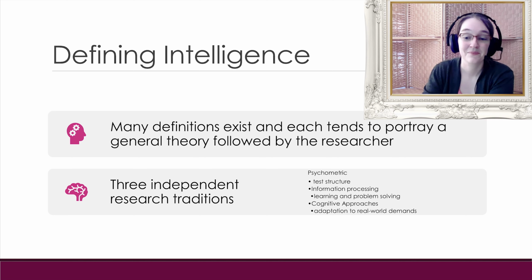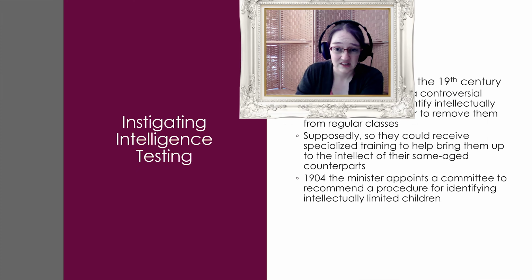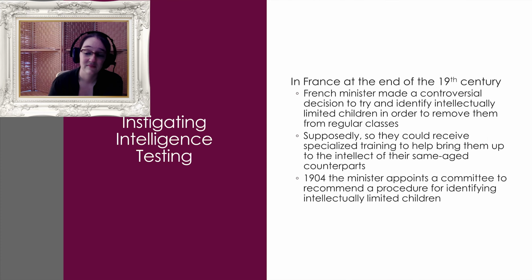Now, we already covered a little bit about the history of testing back in January, and how intelligence testing was kind of instigated in France at the end of the 19th century because of this controversial decision to try and identify intellectually limited kids in order to remove them from regular classes.